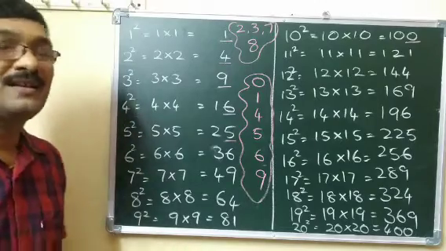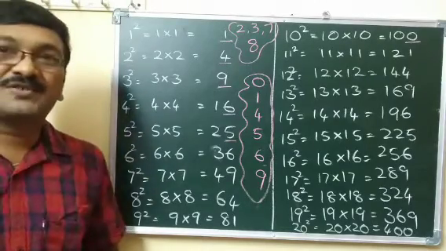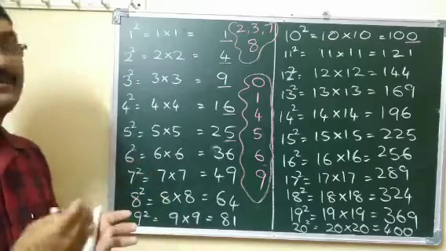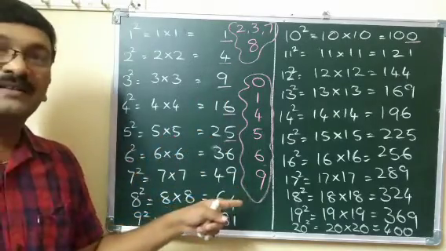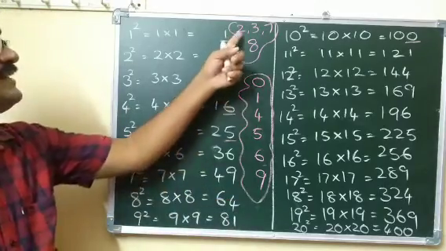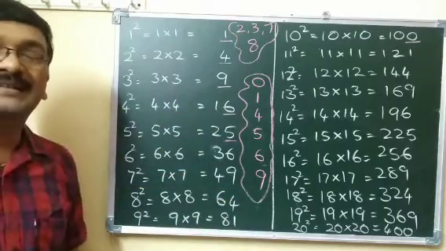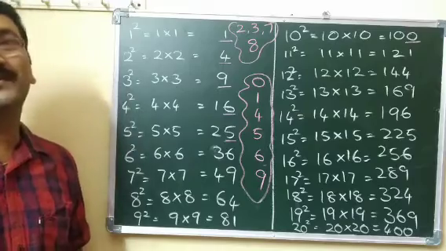Got an idea? Sometimes they may ask a question where by seeing only the number you should give the answer. At that time you can use this technique. Surely they will give a square number. If the unit digit is 2, 3, 7 or 8, then the number is not a perfect square.